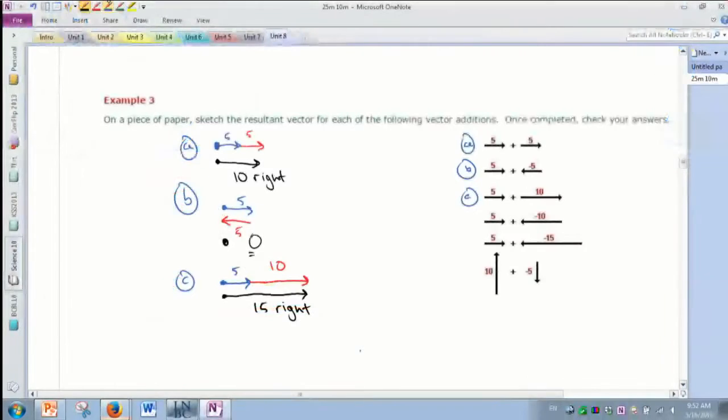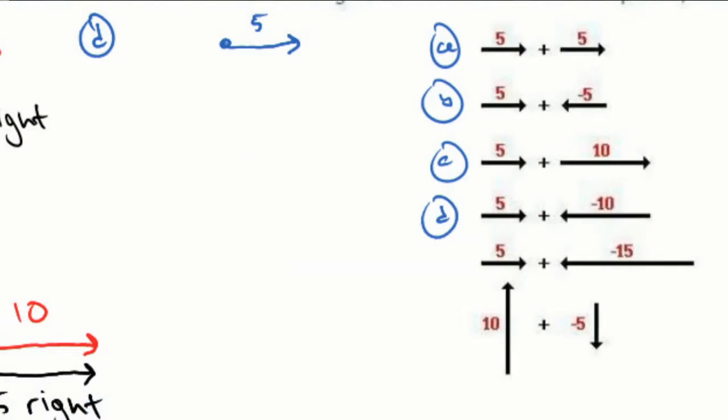Guys, hopefully you're recognizing patterns here. Slide D in up here. So my first one for letter D, I'm starting here. I'm going to go 5 to the right. And then I'm going to draw my vectors tip to tail.